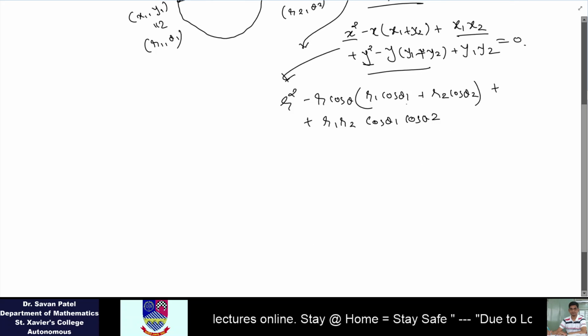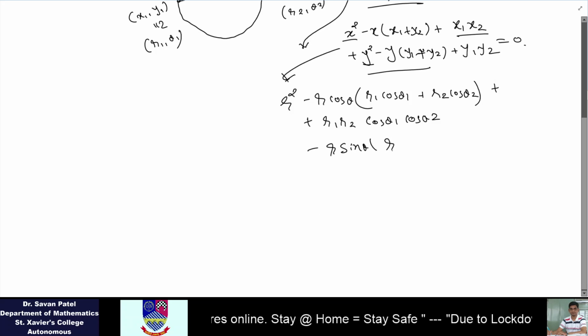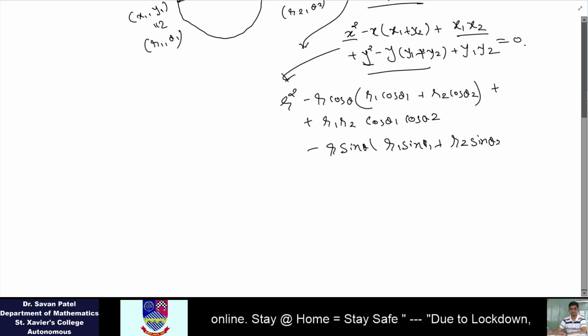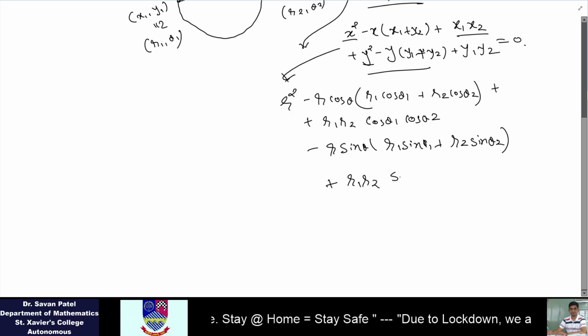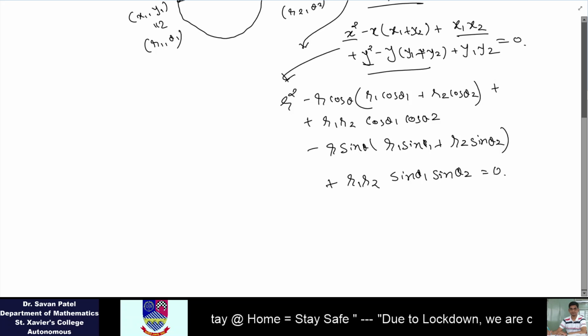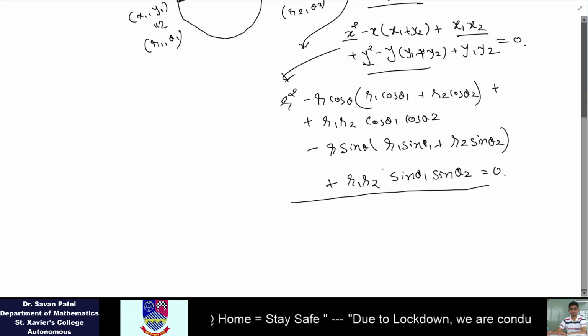Then y times y1 plus y2 gives minus r sin theta into r1 sin theta 1 plus r2 sin theta 2, plus r1 r2 sin theta 1 sin theta 2 is equal to 0. So this is the polar equation of a circle having diametrically extreme points r1, theta 1 and r2, theta 2.